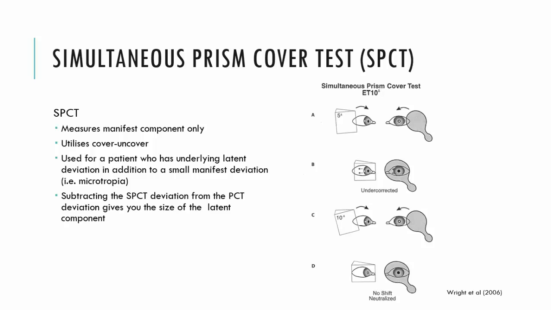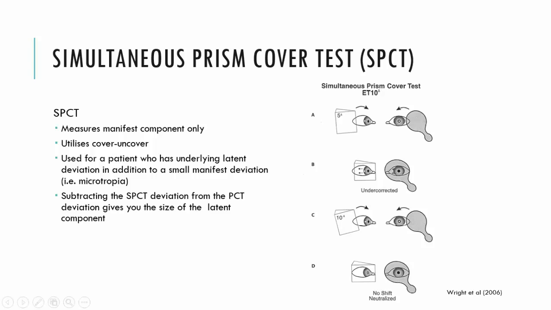And let's go back to the cover test, to those three components, the cover, uncover, and the alternate. Which of those three components detects only the manifest component? The cover component. So this is now what we're going to use to find out the size of the manifest component of the deviation.